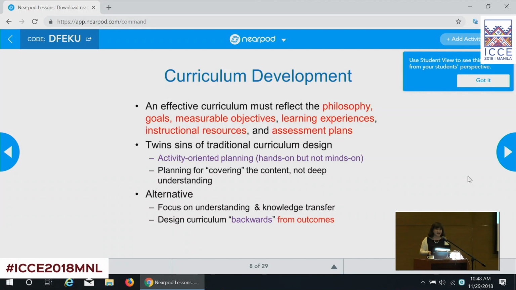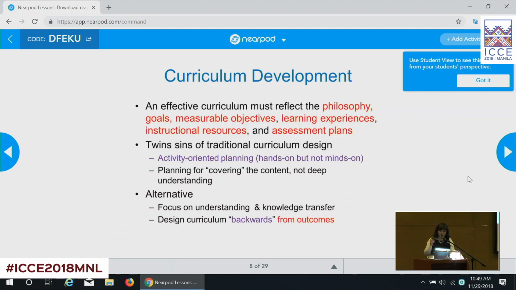Curriculum development is a very complex process where many learning-related aspects, or factors, should be considered. So an effective curriculum must reflect the teacher's own teaching philosophy and instructional goals for the class, measurable learning outcomes for the class, student learning experiences, available instructional resources, and feasible assessment plans.